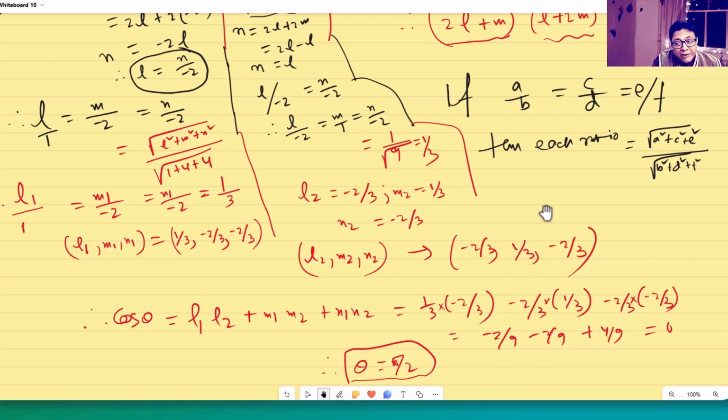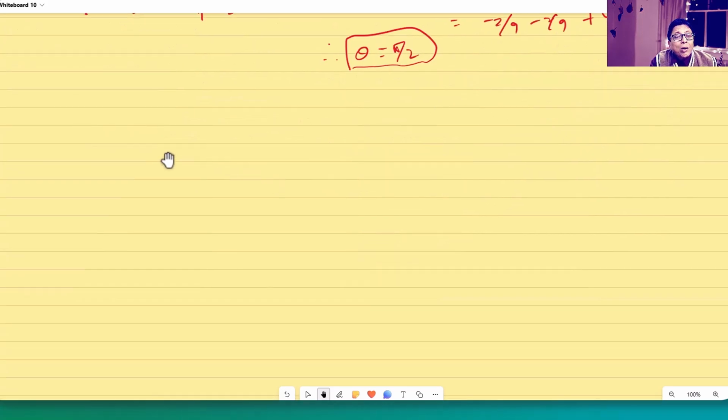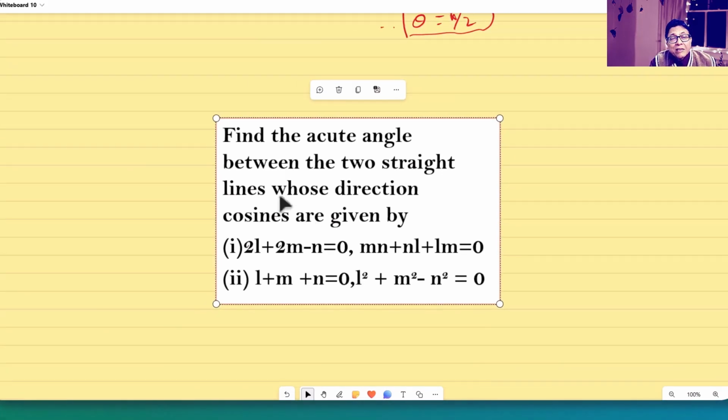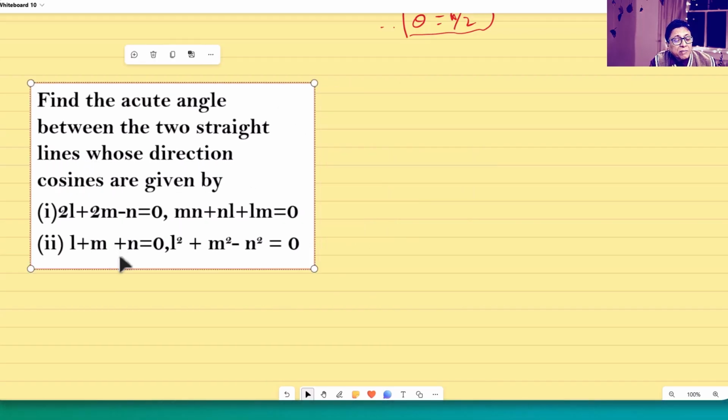And what about the second problem? Second problem, is it different? Yeah, because L plus M plus N is 0 and L square plus M square minus N square is 0. Quadratic we can frame, already it is given over there. What you will do? How will you do this?